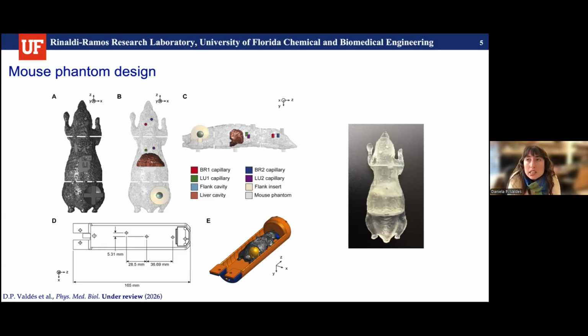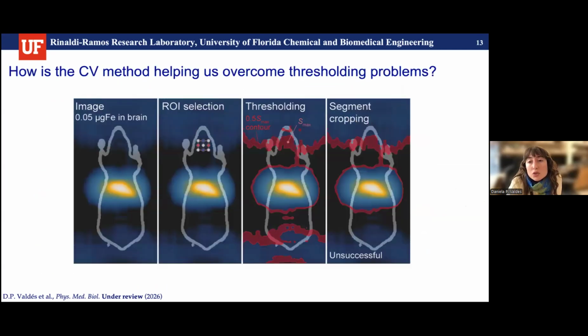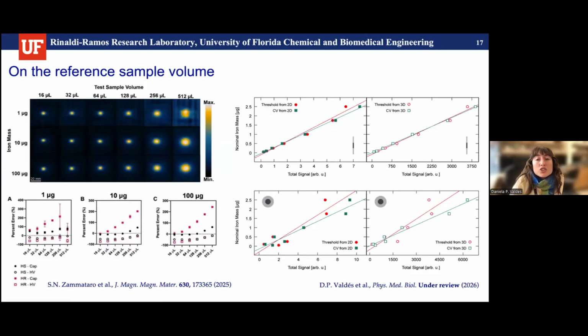And then, of course, I'm doing this thing that I showed you. I'm collecting calibration curves for 2D and 3D for each type of sample I'm preparing. So I have a 2D and 3D image of different capillaries with the same volumes that I'm using for the phantom scans.